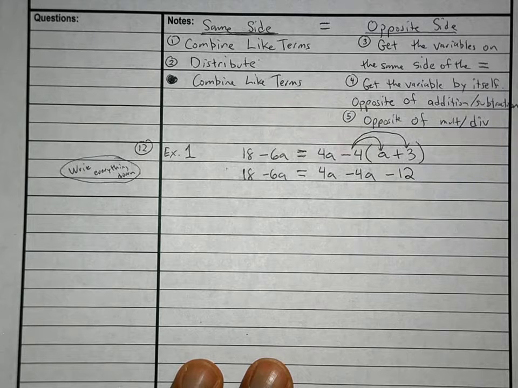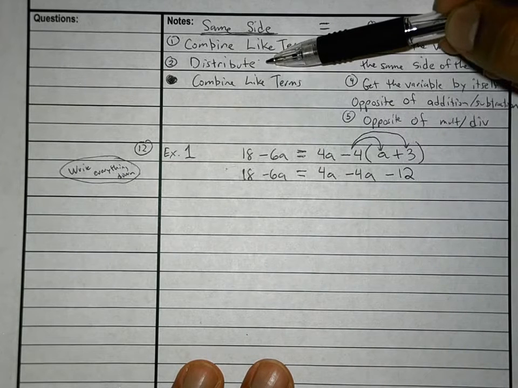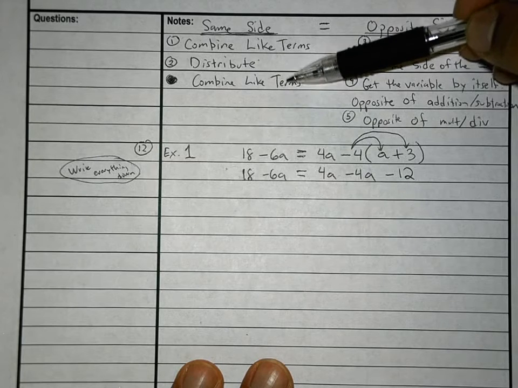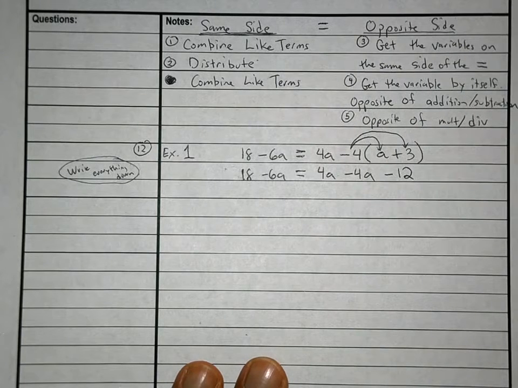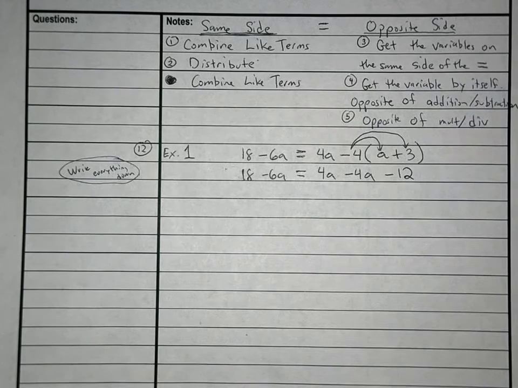So what we have done is we've tried number 1, it didn't work. We tried number 2, we've distributed. And now I'm looking, can I combine any like terms now? Yes. And are they on the same side of the equal sign or are they on the opposite side of the equal sign? Wait a second. So what are my 2 like terms? Which letters?